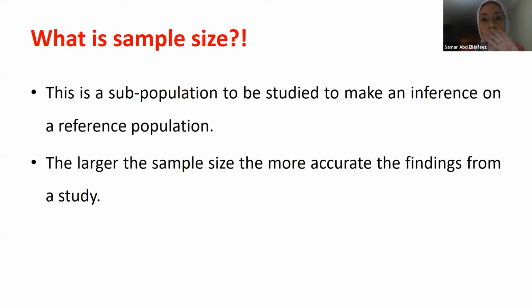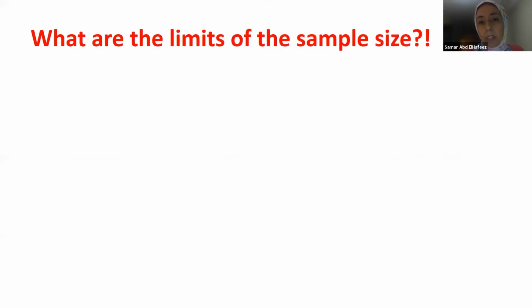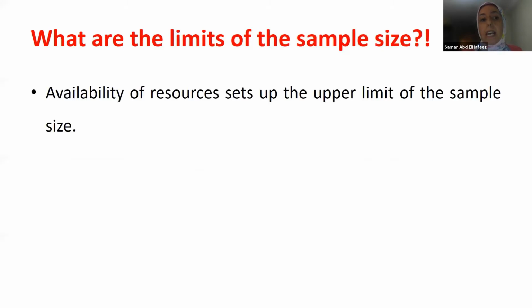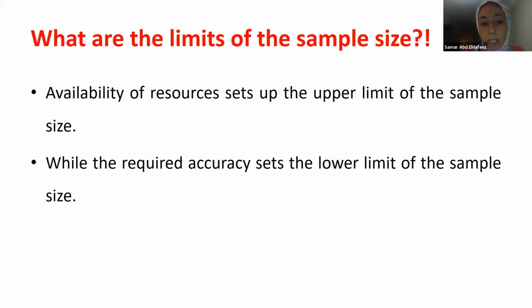Okay, so as expected, when I include a larger sample size, more accurate findings will be inferred from my study. But to what extent should it be large? I have limits to calculate the sample size, and these limits depend on the availability of resources, which sets the upper limit of the sample size, and the required accuracy sets the lower limit of the sample size.